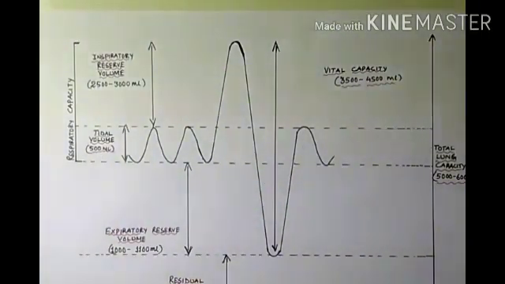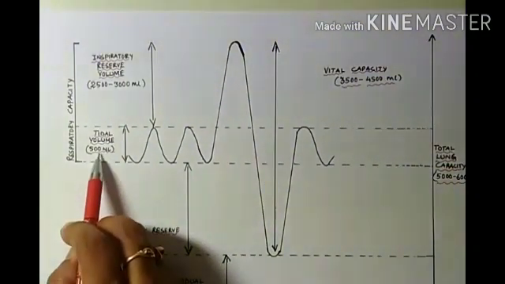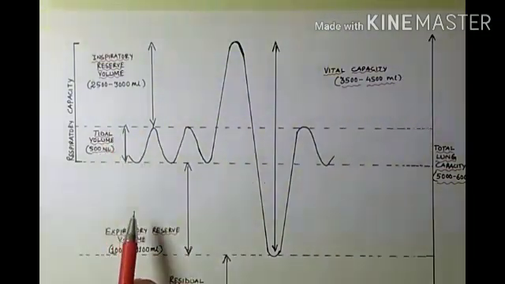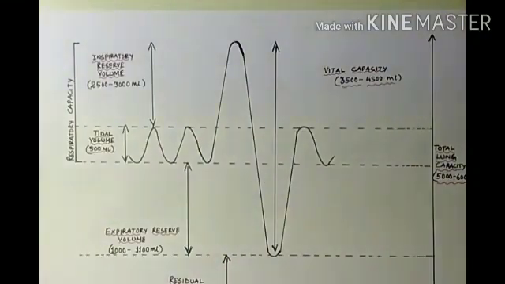And in an average adult actually, of this 500 ml of inspired air, only 350 ml of fresh air reaches the lung alveoli. Out of this 500, 350 reaches the lung alveoli, right? Whatever amount of fresh air reaches the lung alveoli is called the alveolar volume, right?